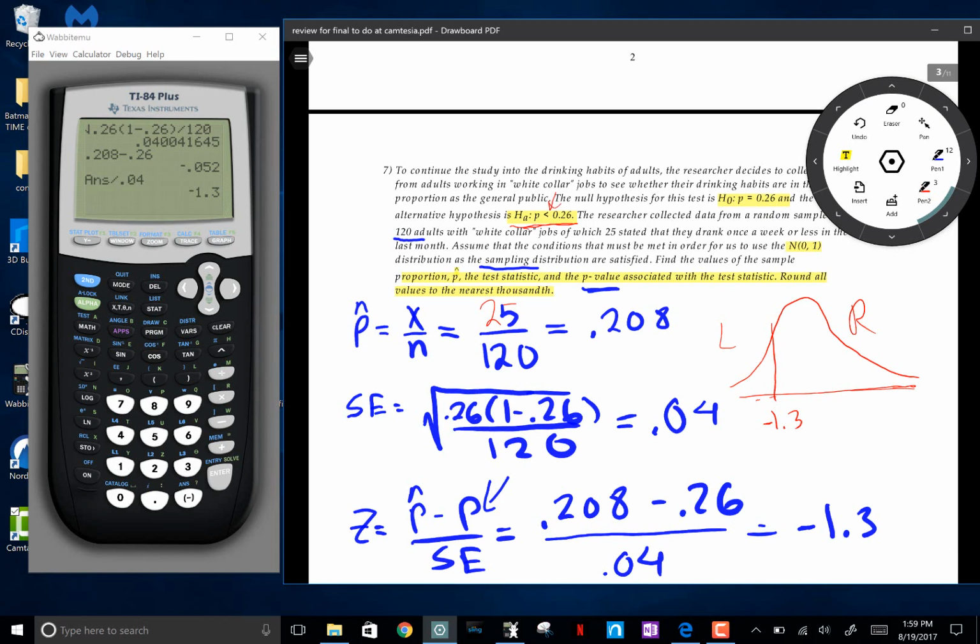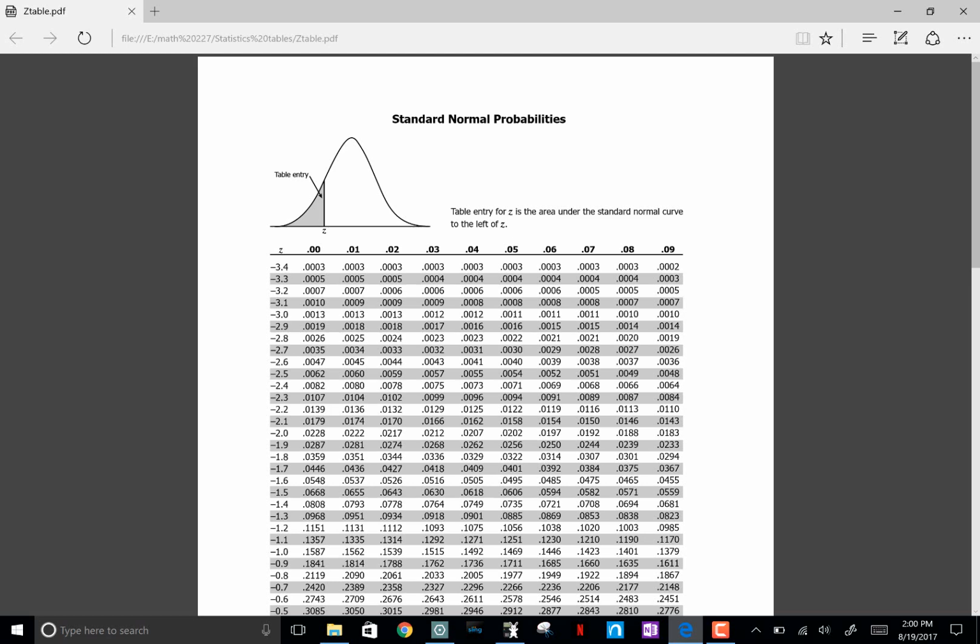Since the arrow is saying less than, you shade to the left. So any proportion I get from the z-table, I'm not going to do the 1 minus, the complement rule, because the proportion the z-table gives me is the proportion that I want.